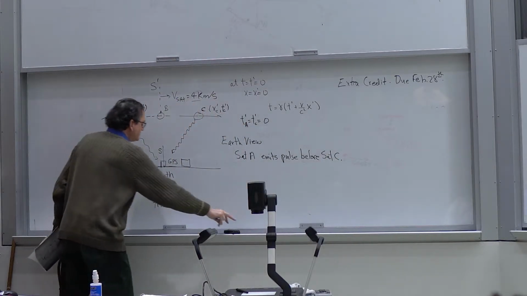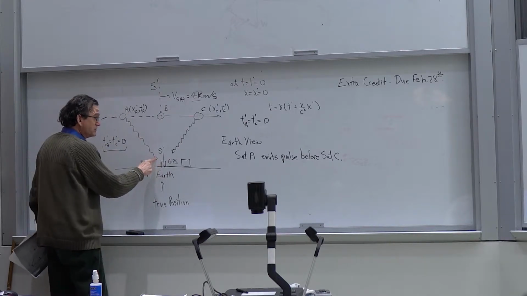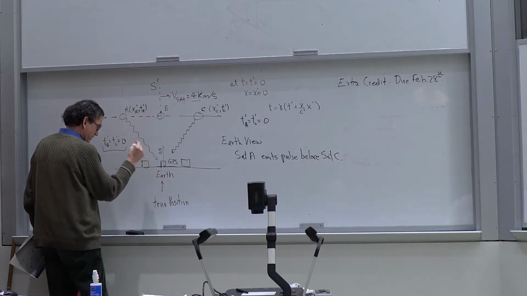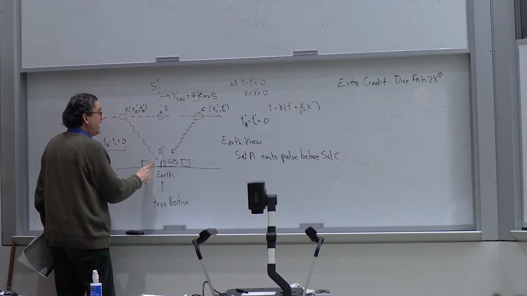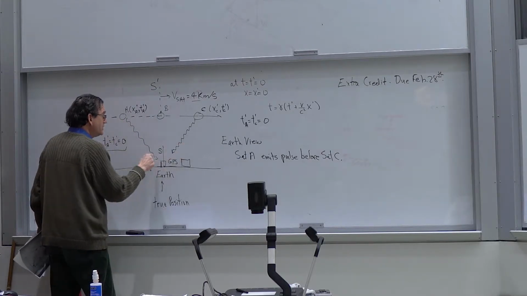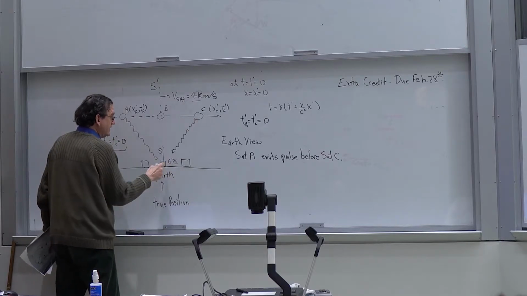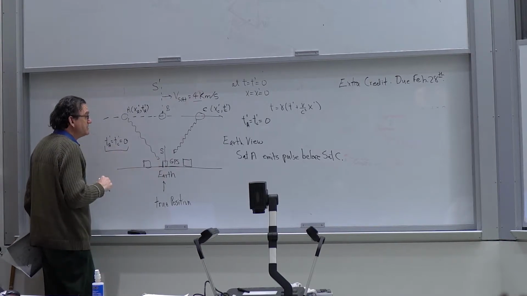Okay? Then what's going to happen? If that's the case, the GPS unit is going to get this signal first, because in the Earth's time, this one was emitted first, and then this one was emitted, so this one gets to the GPS before this signal gets to the GPS. Okay? But the timestamp said they were emitted at the same time.